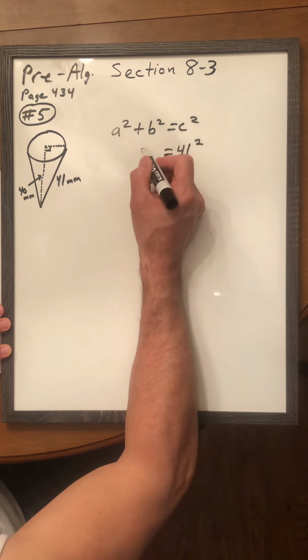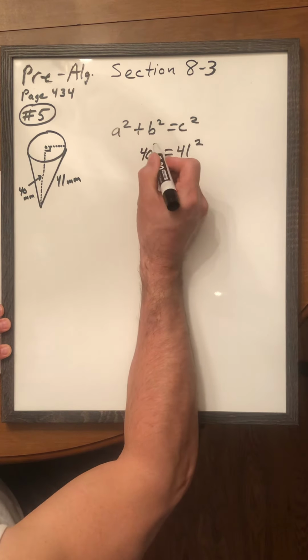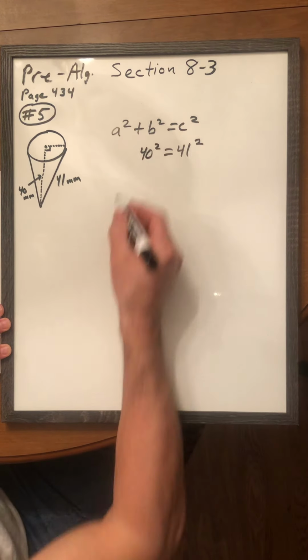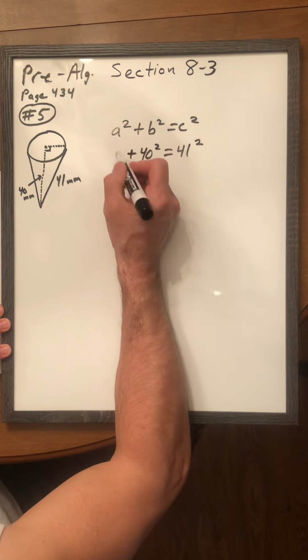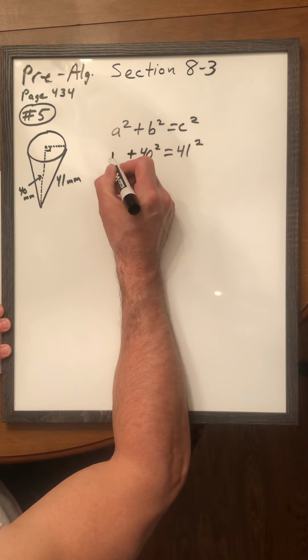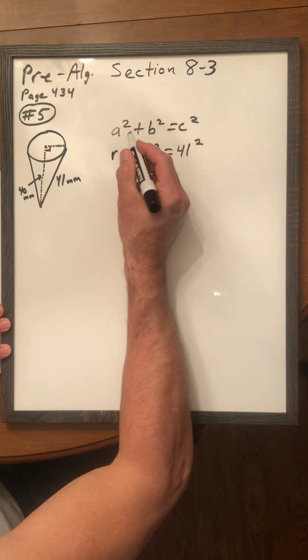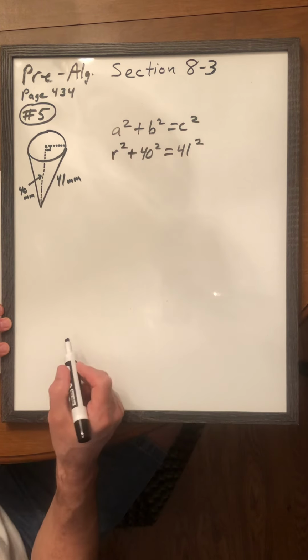The 40 then is one of the legs. We need to find the other leg, and I'm going to call it R because it is the radius that we are looking for.